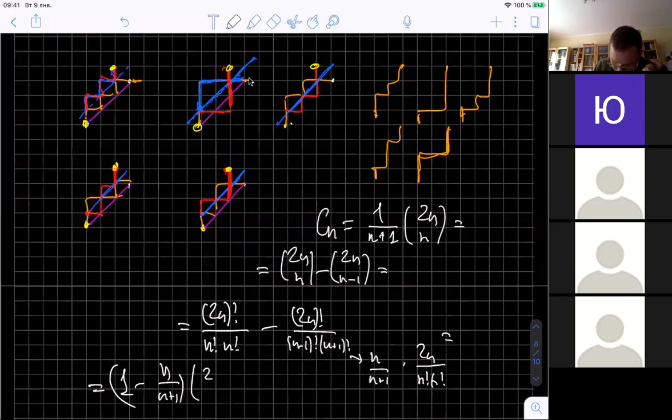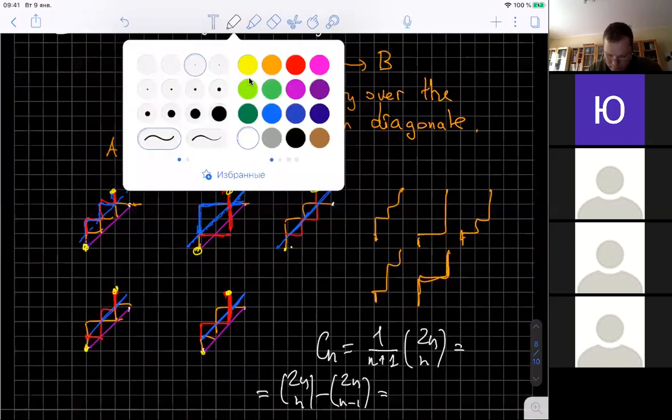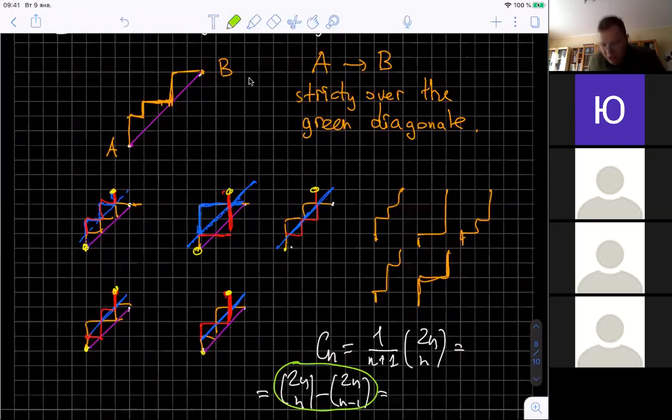So all we need to prove is that the Catalan number is the subtraction of two binomial coefficients. When I do this trick, I want to look at all possible ways going from here to here.